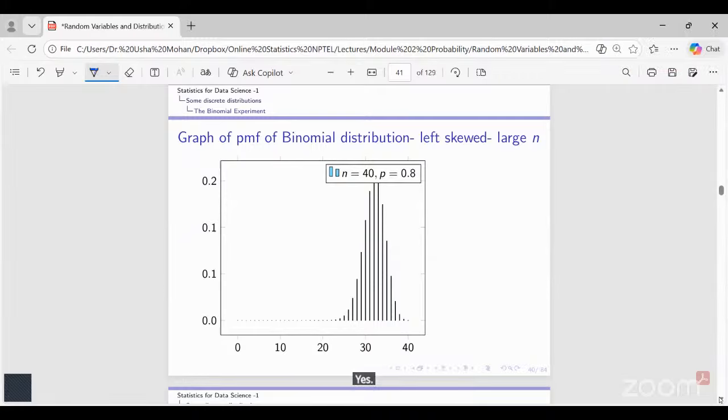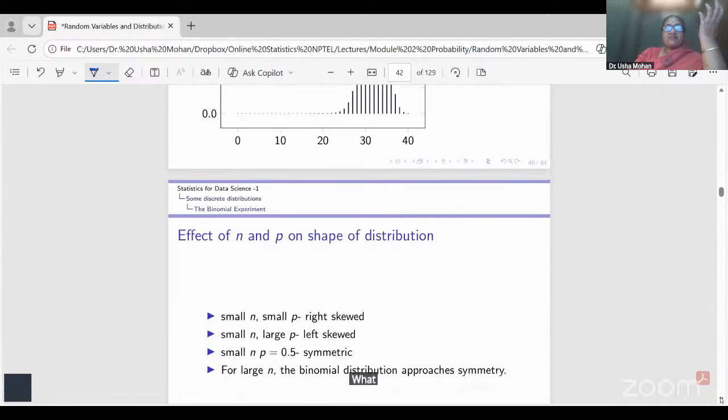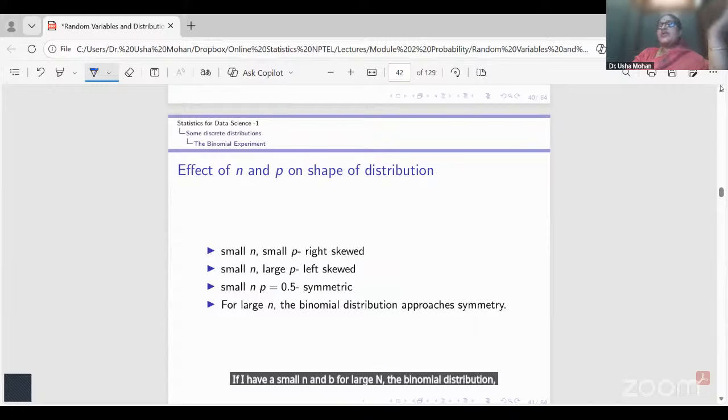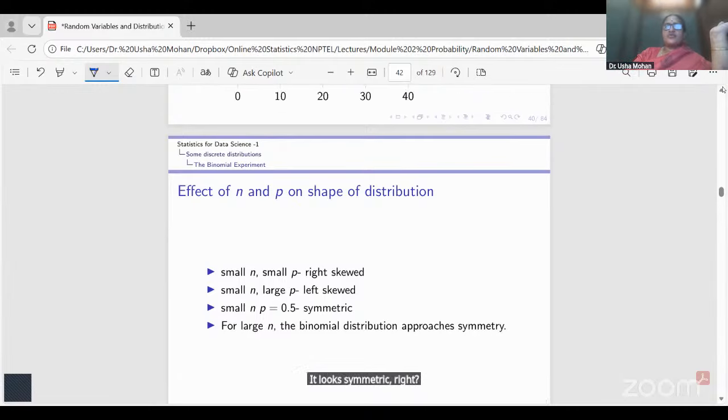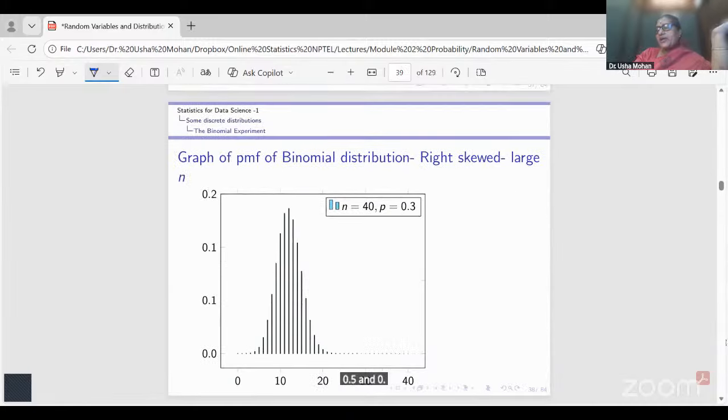Now the next thing is, what is the effect? The effect is, for large n, the binomial distribution, whatever the p, approaches symmetry, it looks symmetric, right? Whether it was 0.8, 0.5 or 0.3, it appeared to be symmetric.